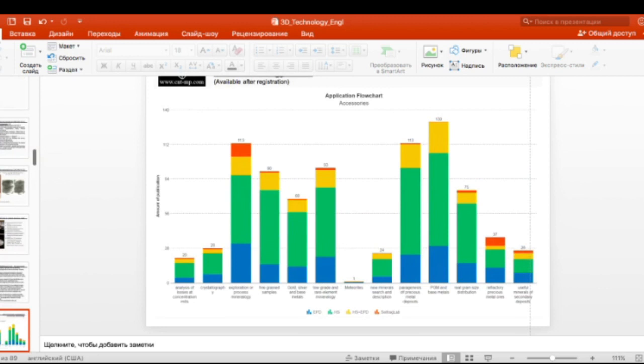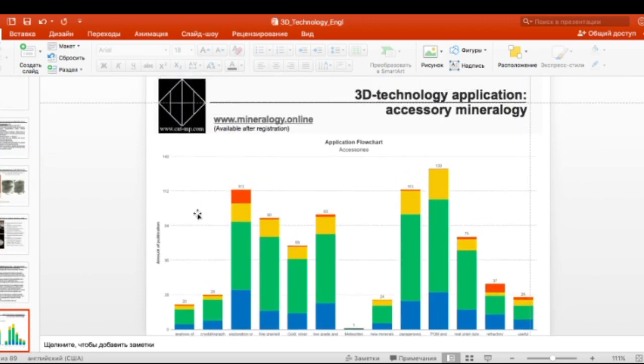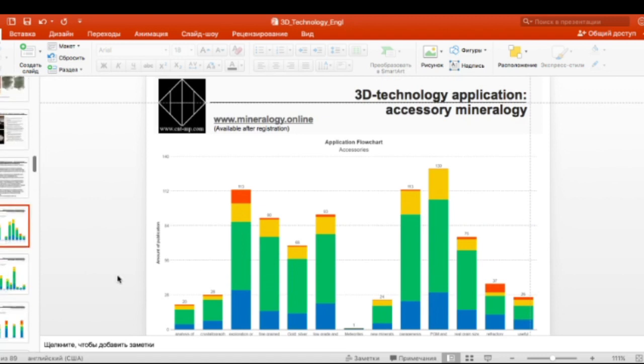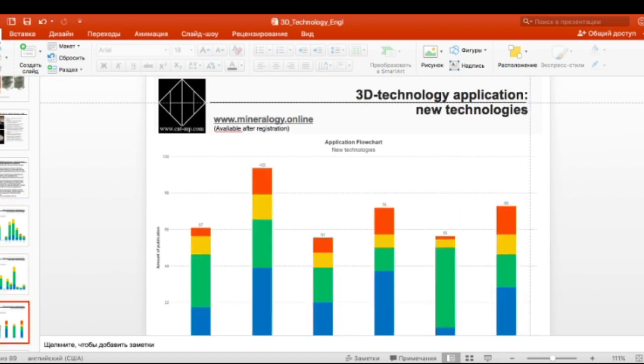So now, before we start on practical things, I just want to mention once again that there is a special database of publications separated by different sections, like accessory minerals, like indicator mineralogy, and technical part of application of electric pulse and hydroseparation.